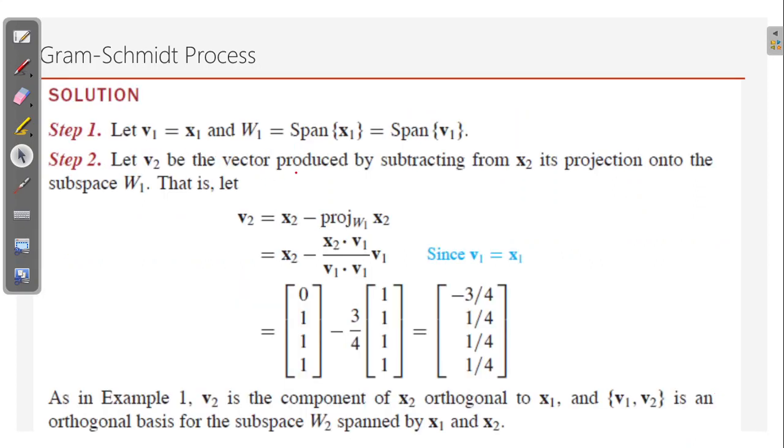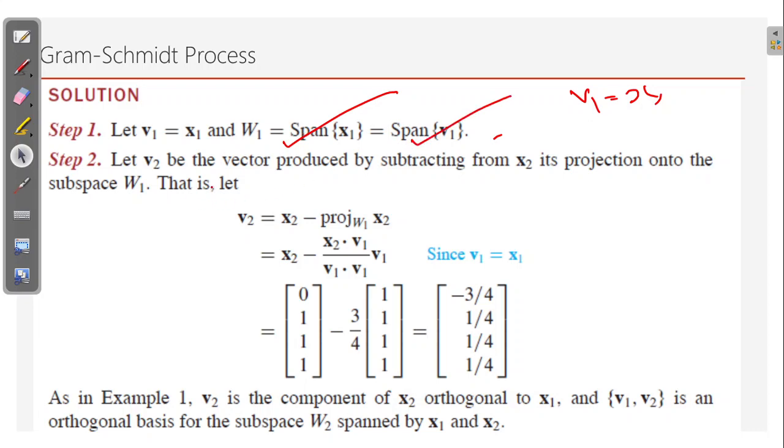So we will have step 1, that is we will assume that the first vector V1 is x1, and W1 will be equal to span of x1, that's equal to span of V1.